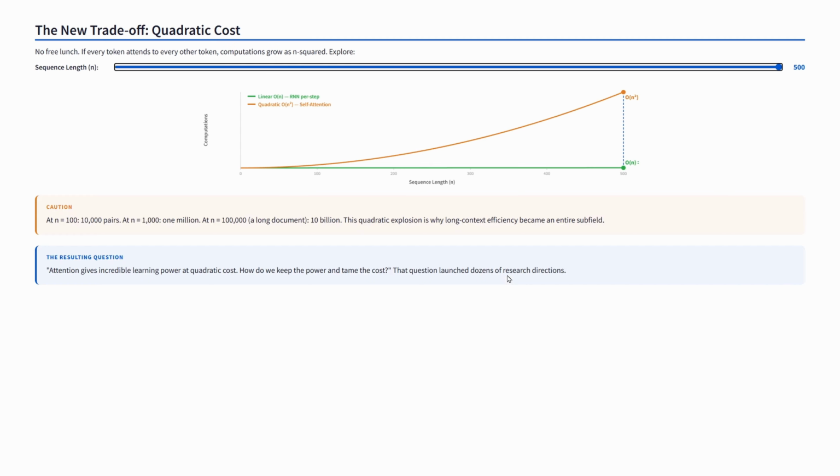So the transformer gave us incredible power for learning relationships between tokens, but at a cost that scales quadratically with sequence length. And that trade-off created a question that launched dozens of research directions. That is, how do you keep the power but tame the cost, right? Sort of tame the elephant or lion.